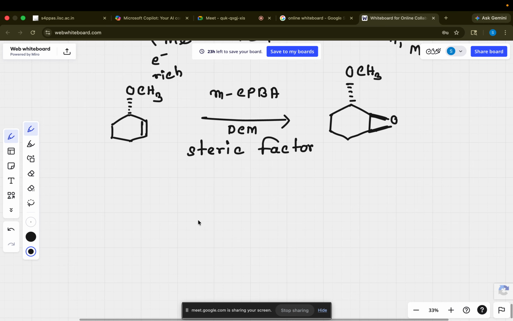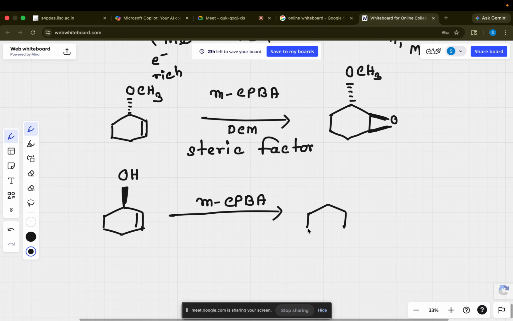Okay, good. Now suppose you have this. Here what will happen? Here syn addition happens, but if you do it below the plane, that will be wrong.